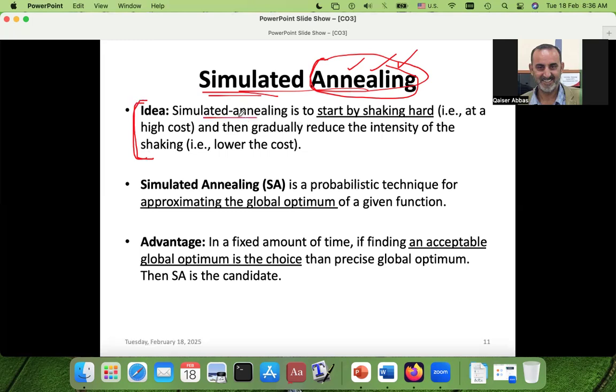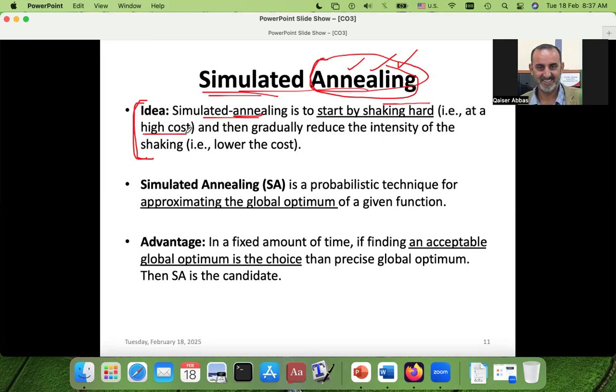So simulated annealing, initially we will start with shaking hard. It can be some other game, okay? Initially the intensity of shaking would be high. You can call it that we will start the algorithm with high cost, or with high temperature if it is annealing.